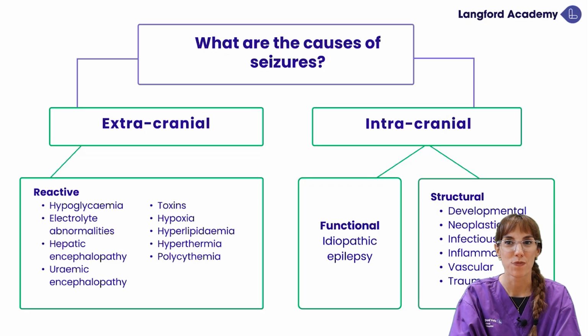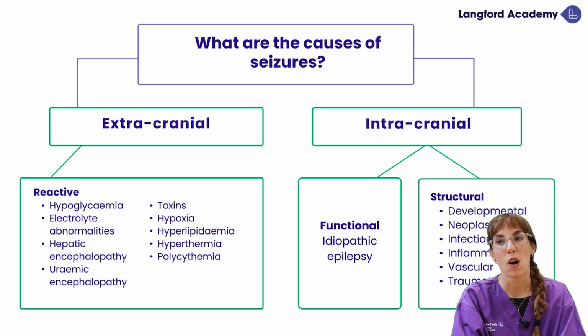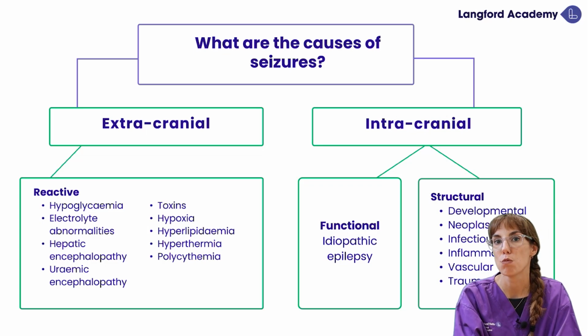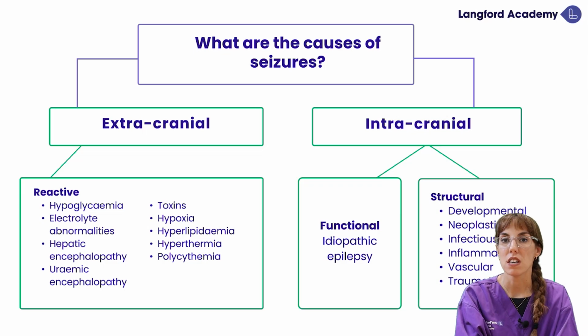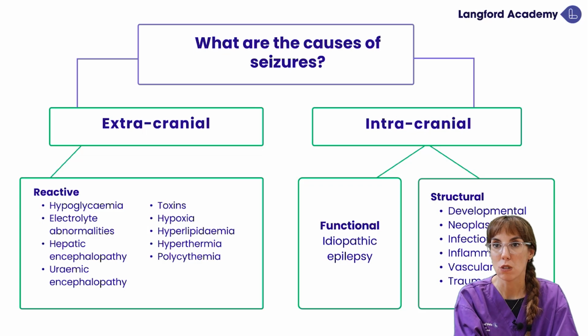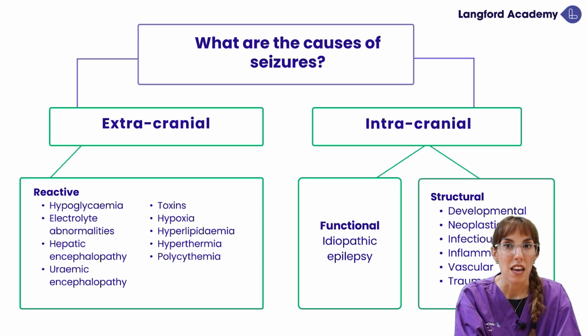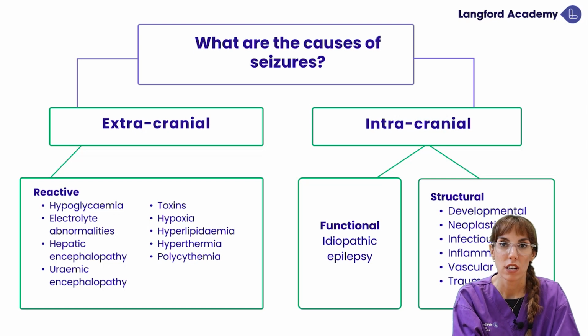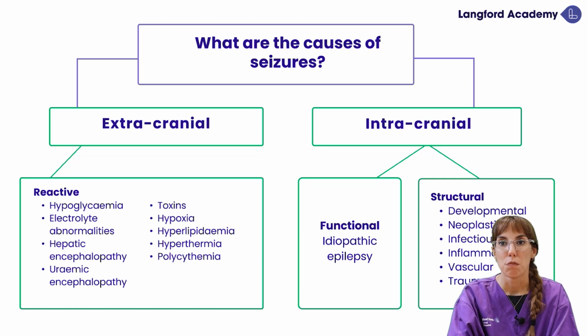The list goes on. And then on the other hand, we've got our intracranial causes, which are your functional idiopathic epilepsy, as well as your structural disease, which can actually be a number of things from developmental abnormalities to tumors, infectious or inflammatory disease, and then vascular and traumatic brain disease.